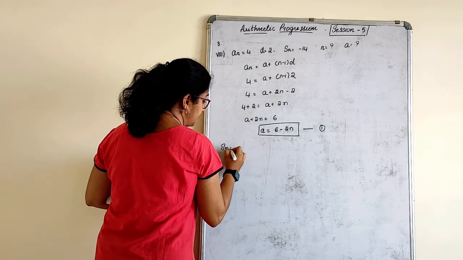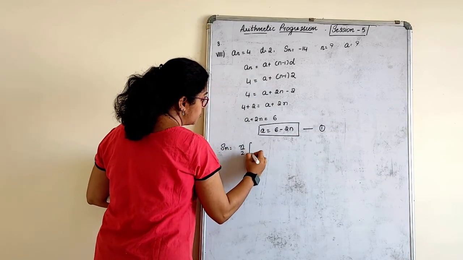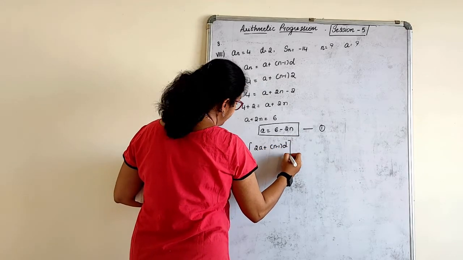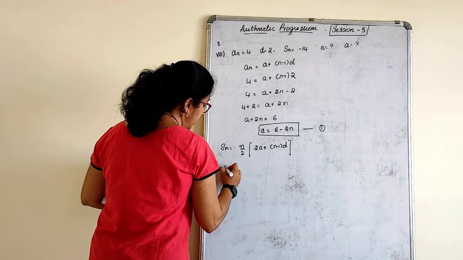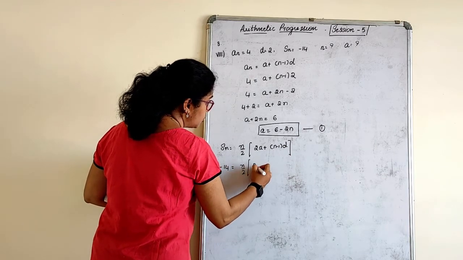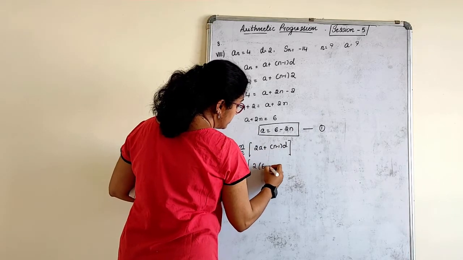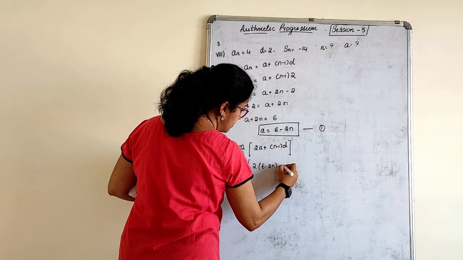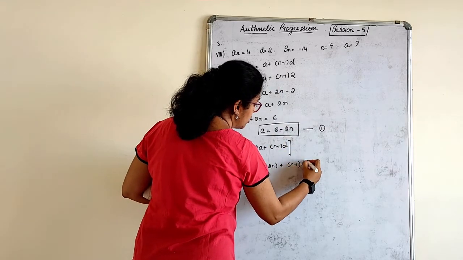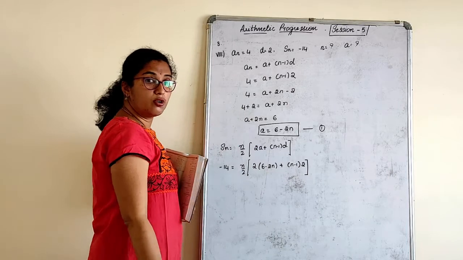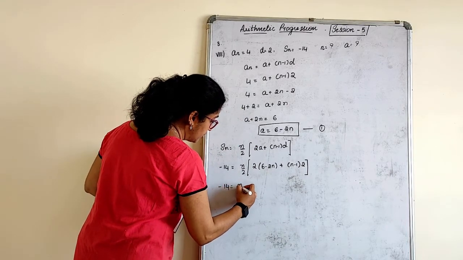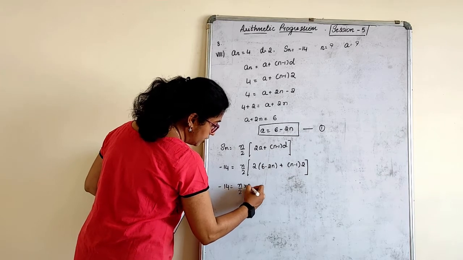Sn is equal to n by 2, 2a plus n minus 1 of d, where Sn is minus 14. n by 2, 2a. a is what? 6 minus 2n plus n minus 1, common difference is 2. Can I take the whole 2 common here? Minus 14 is equal to n by 2 into 2.